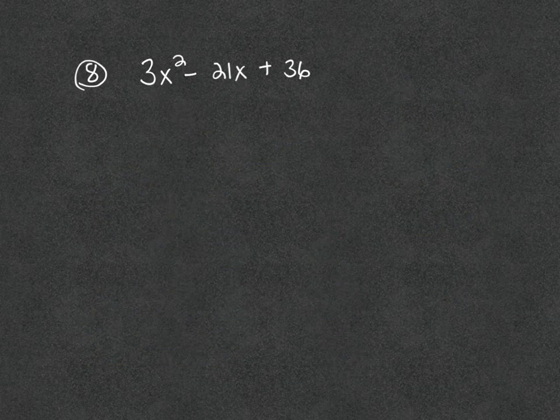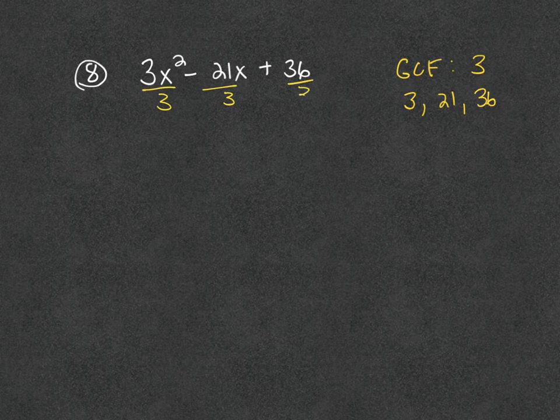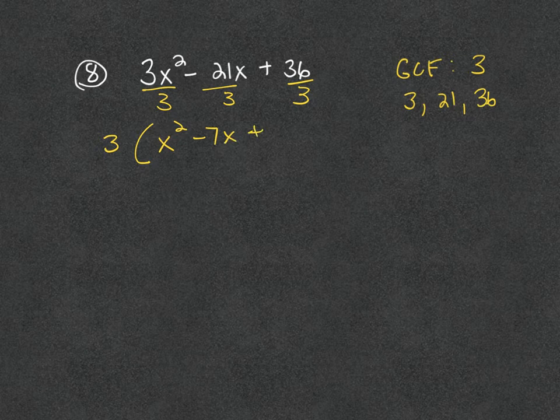All right, so looking at problem number 8, we're going to start with looking and seeing, does this have a greatest common factor? And so if I look between 3 and 21 and 36, the GCF is going to be 3. So I'm going to divide each one of these terms by 3. And that'll give me an x squared minus 7x plus 12.